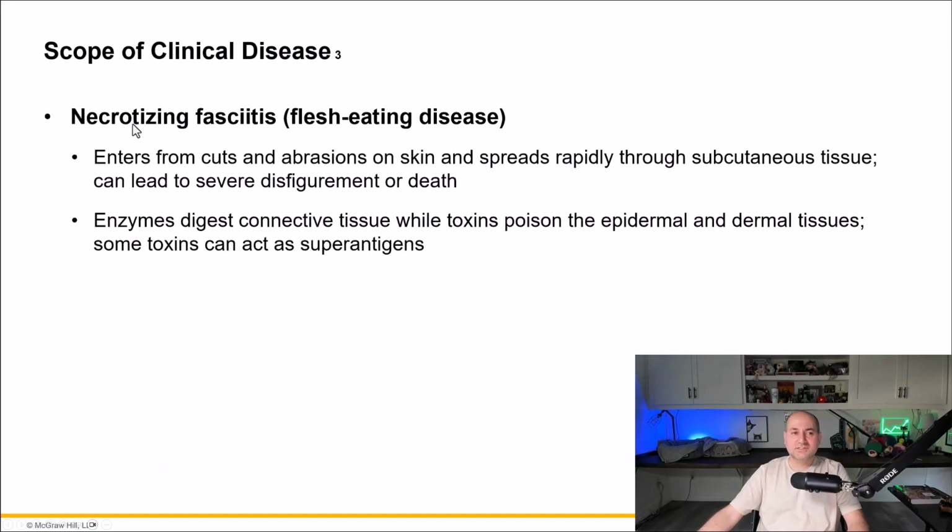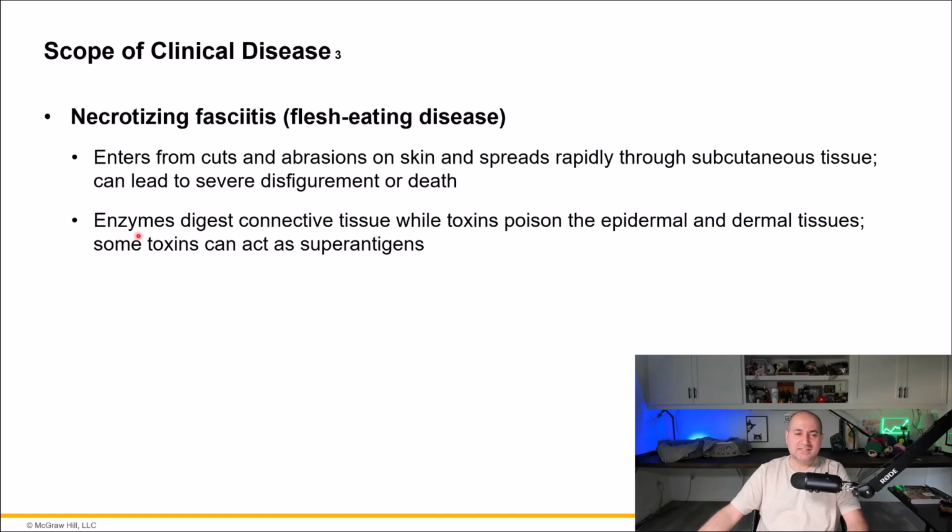What's worse is that Streptococcus pyogenes can also cause what is known as necrotizing fasciitis, also known as flesh-eating disease. This is when it enters from cuts or abrasions on the skin and spreads rapidly through the subcutaneous tissue, leading to severe disfigurement or even death if not treated.